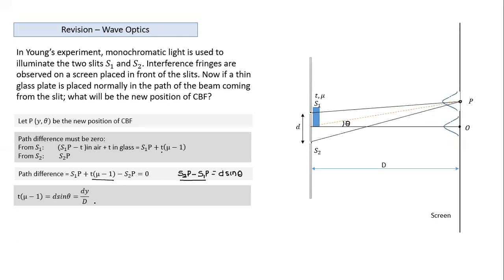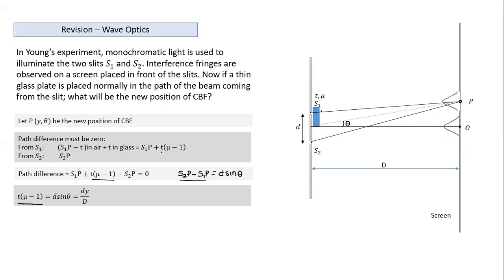So what we notice here is that this term is the extra path length because of the sheet of glass, or whatever sheet is placed here. This extra path length because of the sheet becomes equal to the decrease in path length due to angular position. So the physical path length has to be shortened by a distance equivalent to the increase in optical path length.